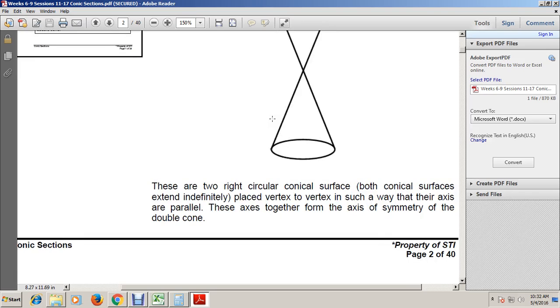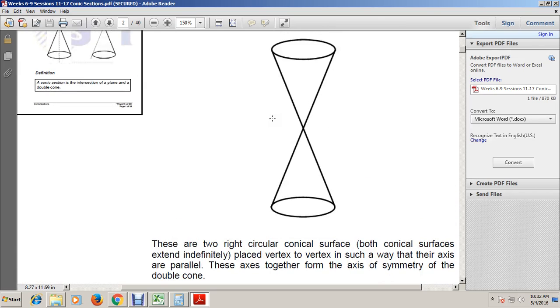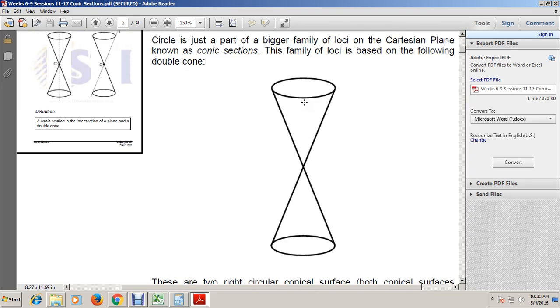What is illustrated here is that there are two circular conical surfaces placed from point to point, or vertex to vertex, in such a way that their axes are parallel. These axes together form the axis of symmetry of the double cone. Now, of course, the double cone extends indefinitely in the upward direction and in the downward direction.